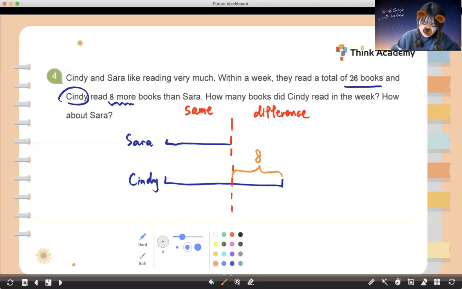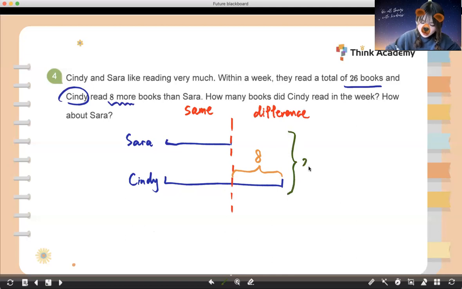And we're not done. The other information we know from this question is they have a total of 26. So now, you can assume the two same parts as triangle.